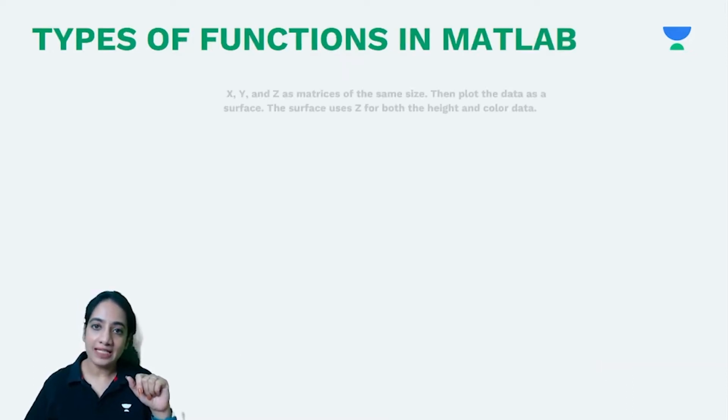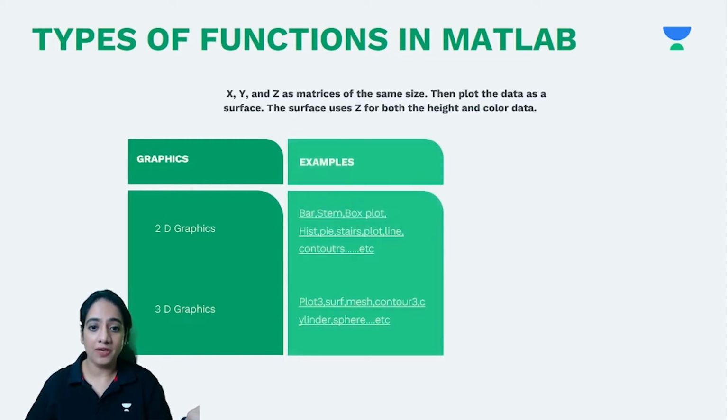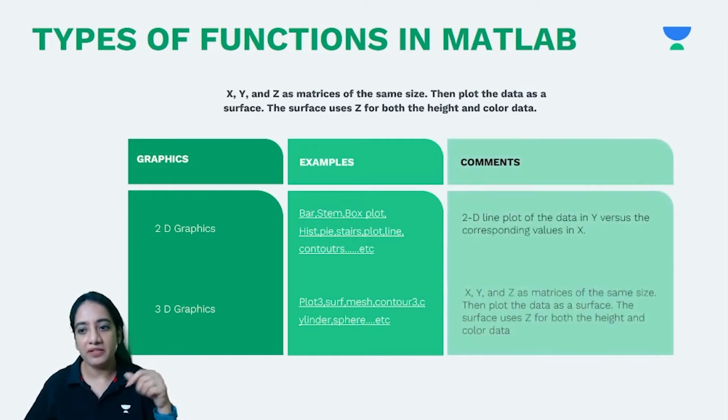Types of functions that you can use in MATLAB: 2D graphics have particular functions and 3D graphics have particular functions. Plot3, surf, mesh, and contour are part of 3D graphics, and 2D graphics include scatter and stem.